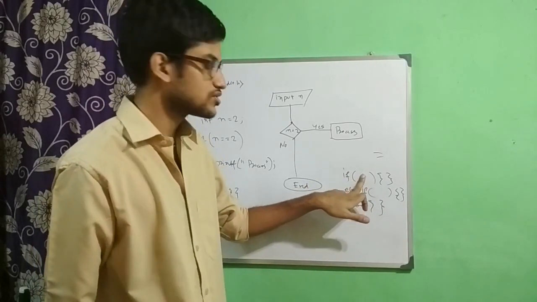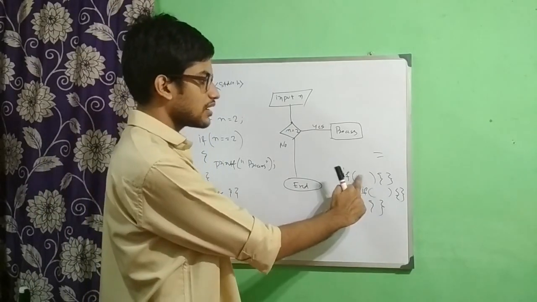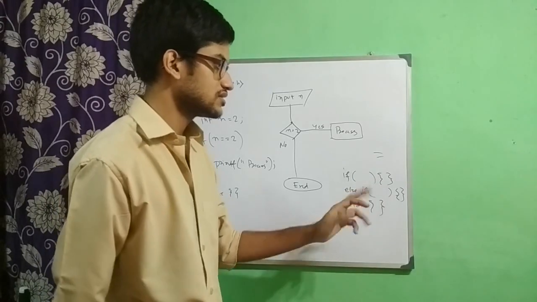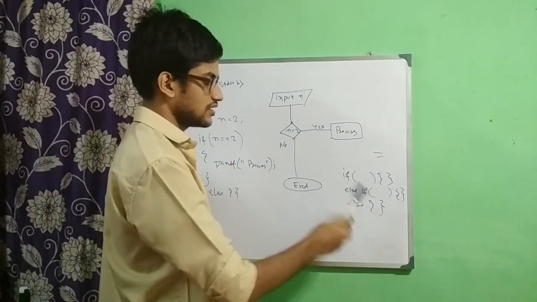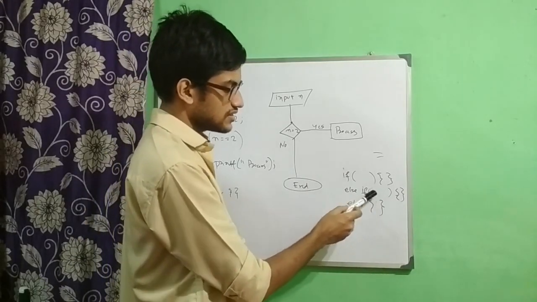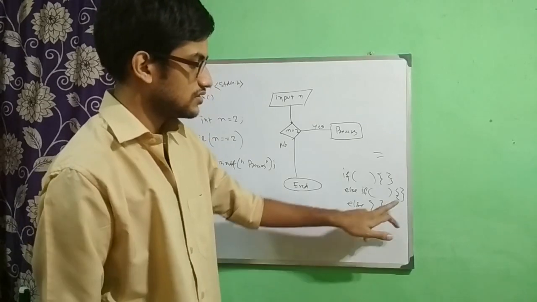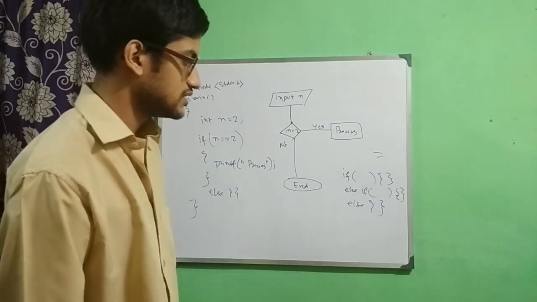If this becomes true, then it will finish here. If somehow it fails, it becomes false, then this block will not be executed, and this next one will be checked. So if this statement is true, then the contents within this block will be executed.